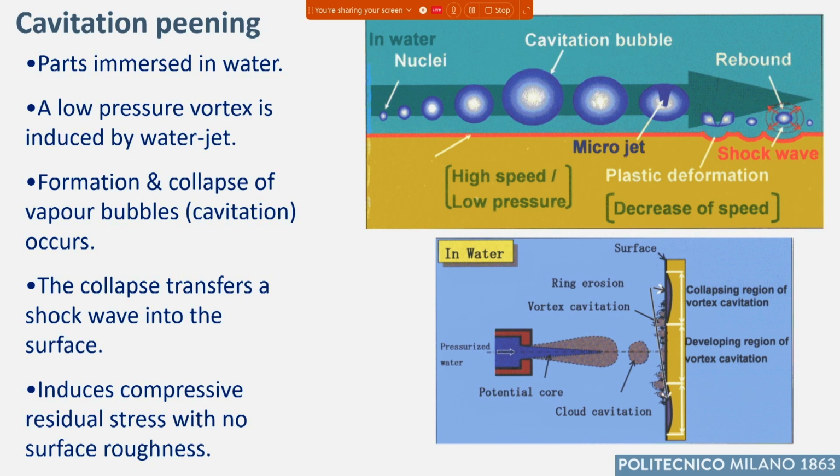We are using water, and in particular we exploit the phenomenon of cavitation. The cavitation bubbles, when they explode, release a lot of energy that impacts the surface, causing this wave that induces residual stresses. So this is the way it works.